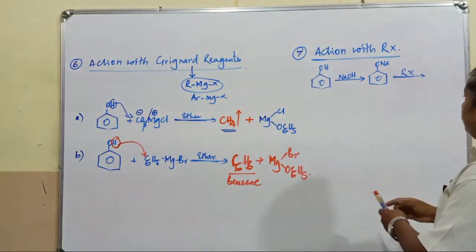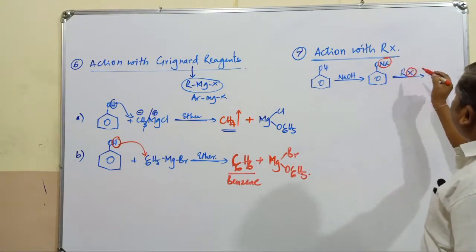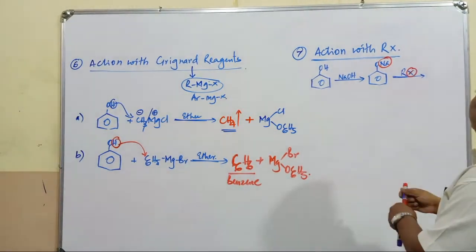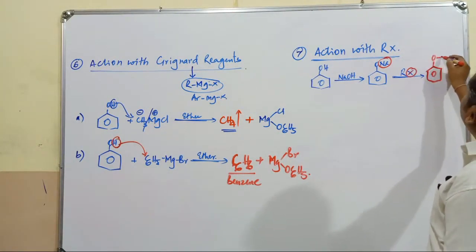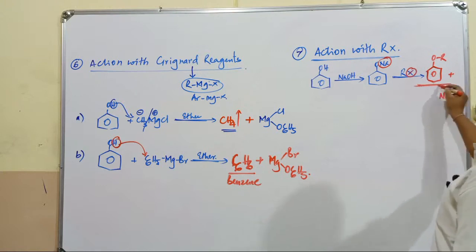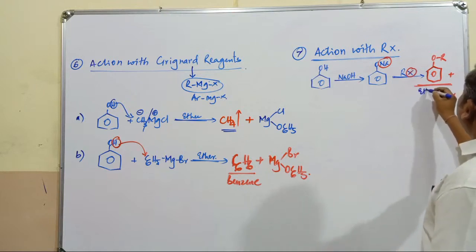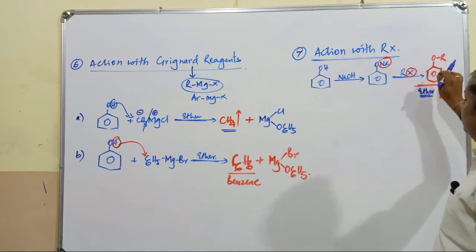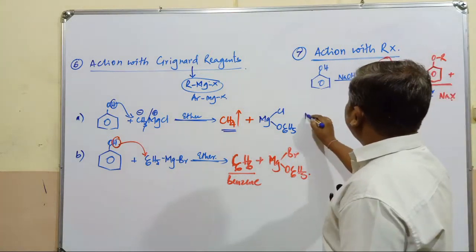The sodium from the sodium phenate combines with this X very easily. The reason is that sodium is more electropositive and X is more electronegative in nature. When that reaction takes place, the compounds are OR plus NaX. What is this compound OR? Formation of an ether compound takes place. This is an ether compound. In between two alkyl or aryl groups, or an alkyl and aryl group, there is the presence of an oxygen atom.